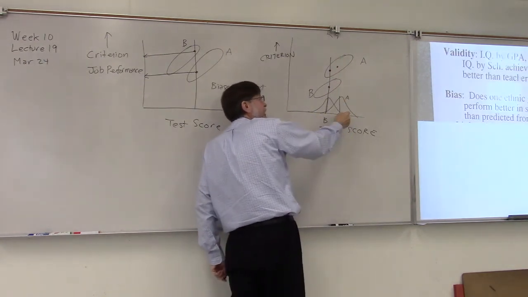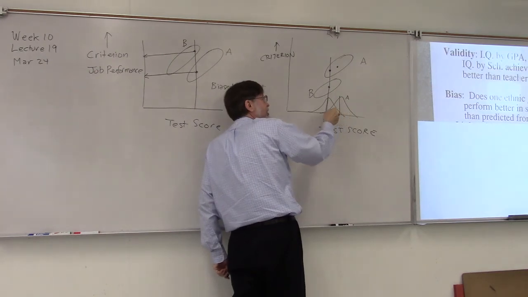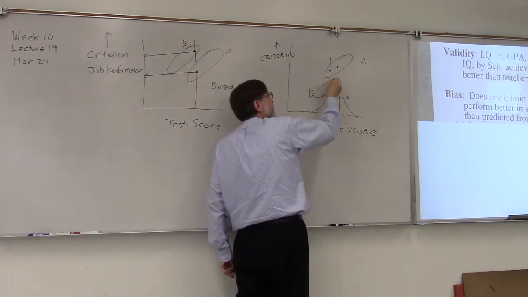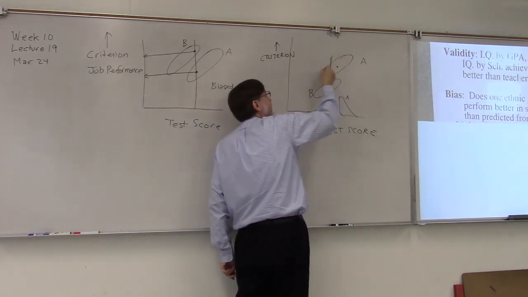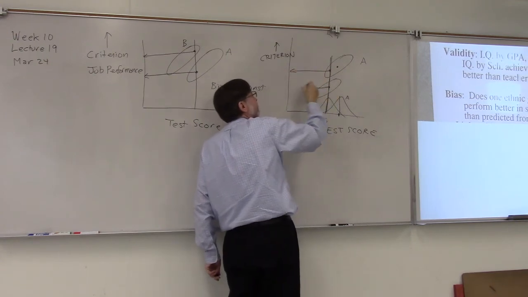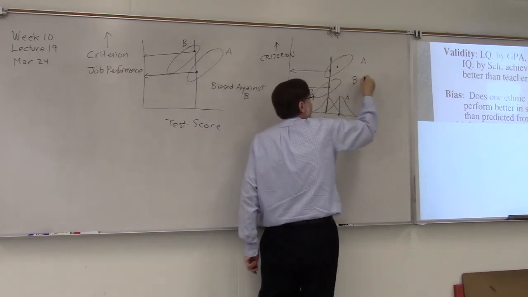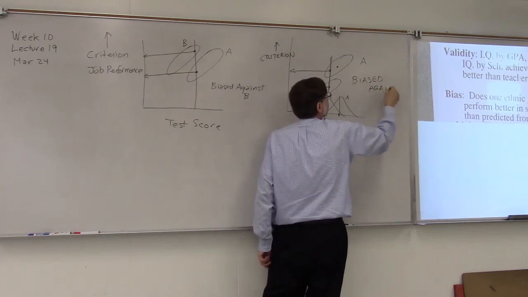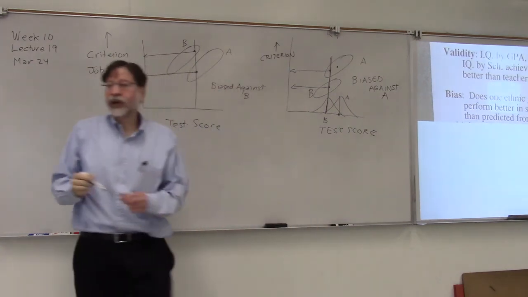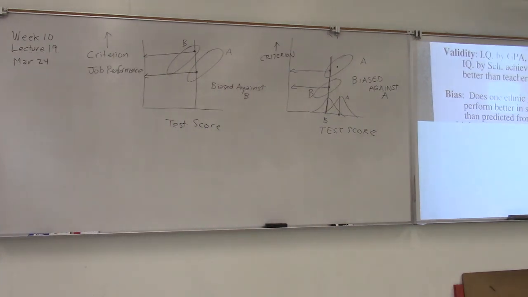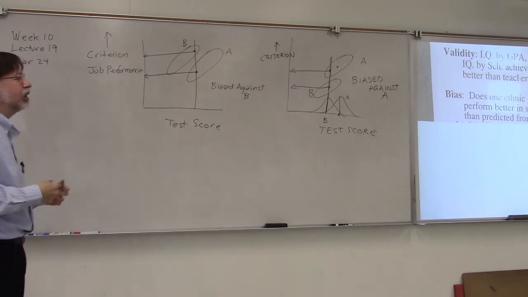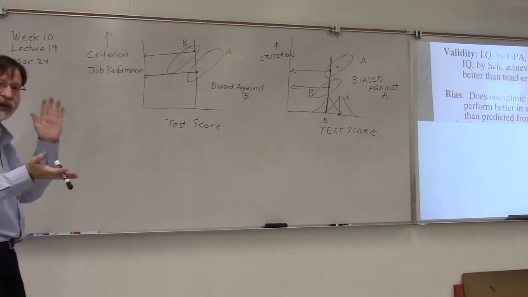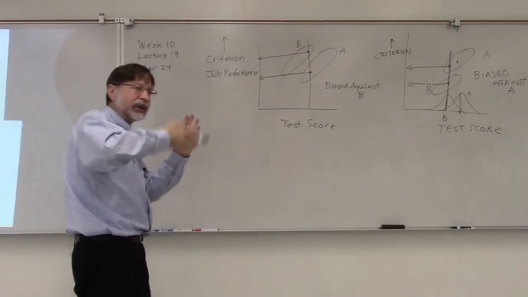Even though they do better on the test, for the same test score, let's say we take this test score up here, group A is doing better on the criterion than group B, so this one is biased against A. And I recommend you work through a lot of examples like this until you understand this. You need to know both a test and a criterion and the relationship within each group.